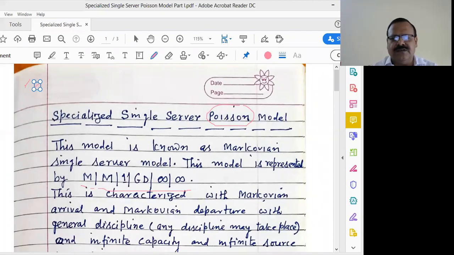Similarly, the number of arrivals, a discrete random variable, and the number of services, also a discrete random variable, follow the Poisson distribution. The memoryless property is given by Markov in the completely random situation.